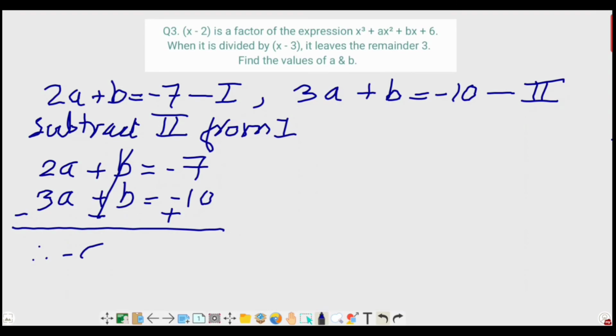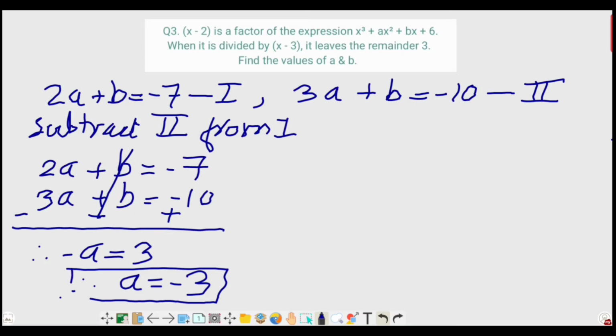So your minus a will be plus 3. Transfer the minus sign to that side. So your value of a is minus 3. Now this value of a you can substitute in any of the equations. This time suppose I substitute a equals minus 3 in the second equation.